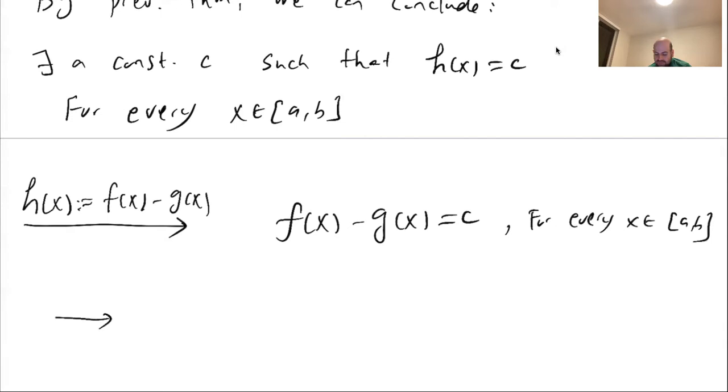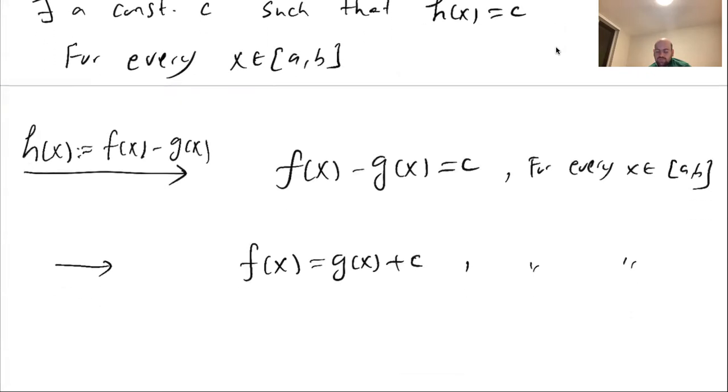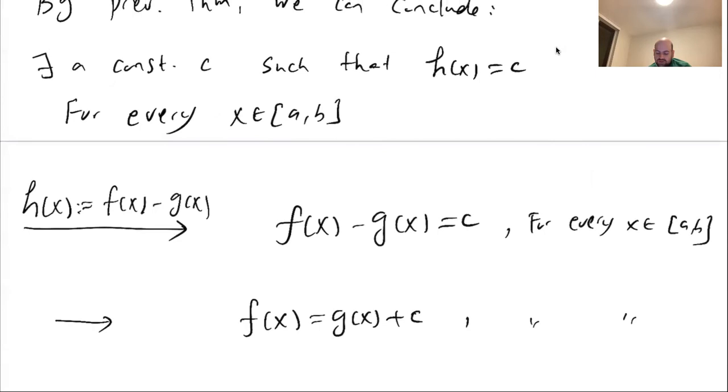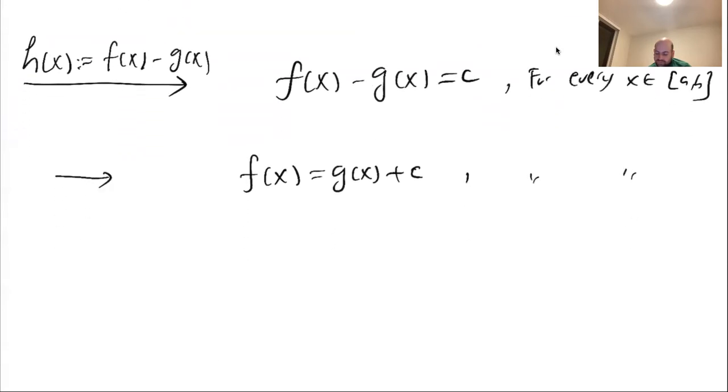And that means f of x is equal to g of x plus c, again for every x between a to b. That's what we wanted to show. That one function is the same as the other one plus some constant c for every x between a to b.